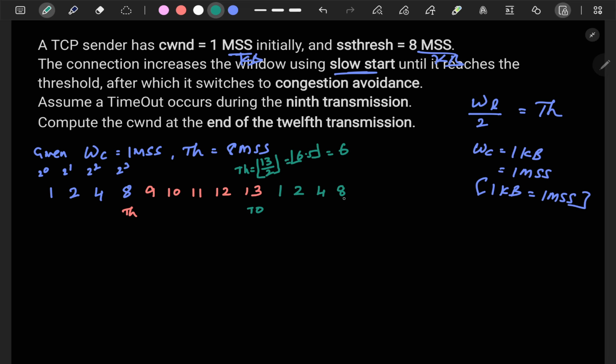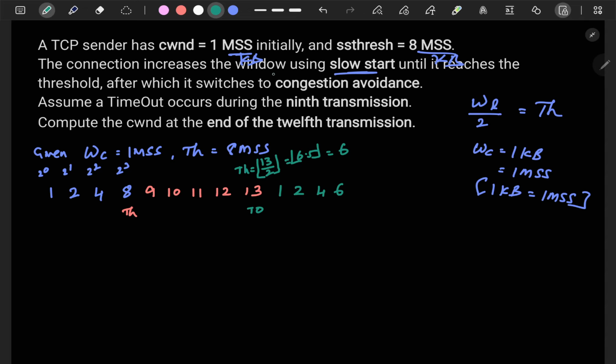It will not go directly to 8. It starts from 2 raised to power 0, exponential growth, but now our threshold is 6, so it will not go to 2 raised to power 3, which is 8. It will directly jump to 6.